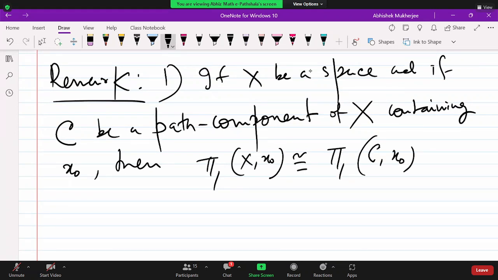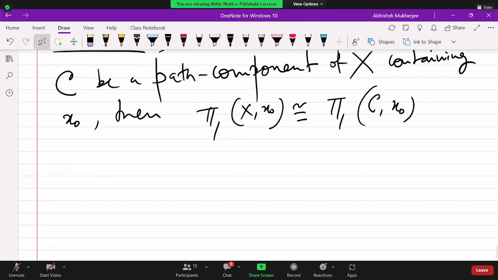So it will not change on the path component containing that base point, right? So that means this depends on the path component of X containing that base point. Okay.